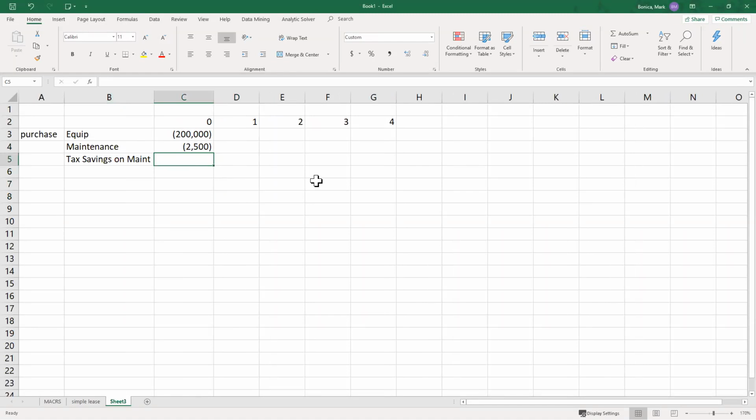How am I going to get it? So if I pay $2,500 in expenses and I have a 40% tax rate, good, 2,500 times 0.4. I can make that a positive number because this is going to be a savings times 0.4. So I'm going to have $1,000 in tax savings. Okay. So that's all that happens at time zero.